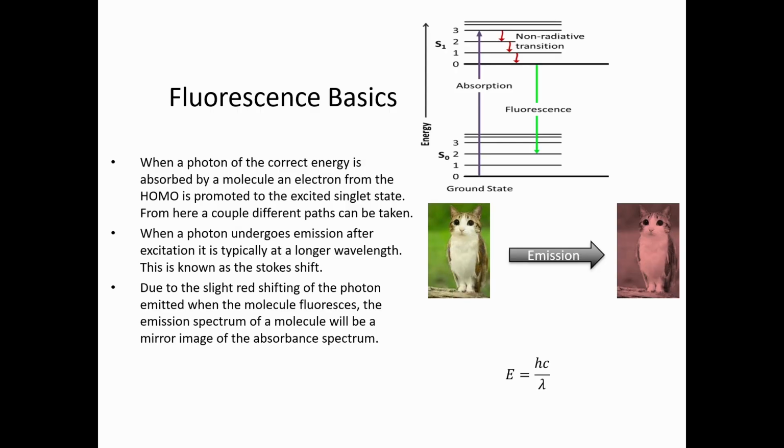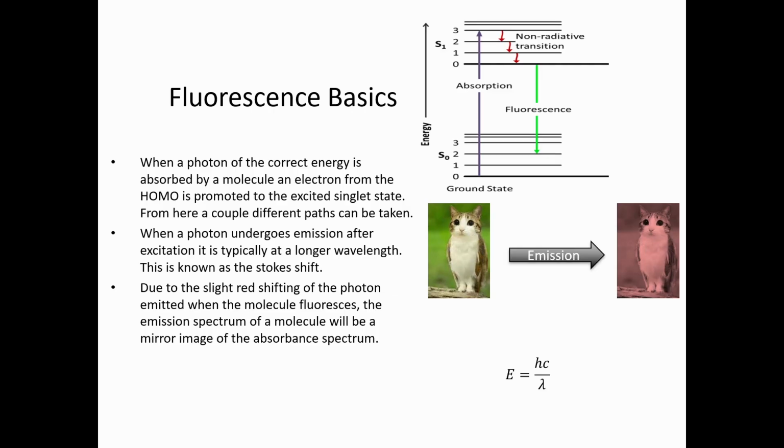The absorption arrow is longer than the fluorescence arrow, and due to that, the fluorescence arrow is going to be a lower energy. As we see in the equation, energy and the wavelength of light are inversely proportional. So if the energy is smaller, the wavelength is going to be larger, which leads to a slight redshift of your light.